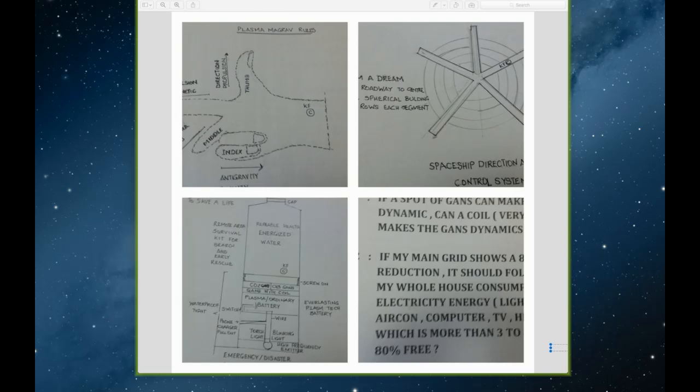Right, so that would go along with the first part of his question: if a spot of GANs can make a coil dynamic. That makes sense. If you were to take a nano coil and put it in GANs, that coil is going to be a conduit for the plasma that the GANs is releasing, but not the other way around.